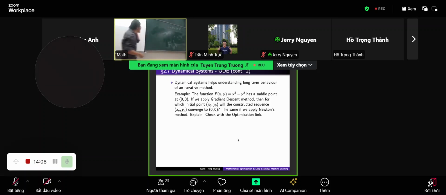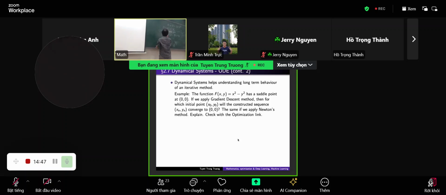So we have f(x,y) equals x squared minus y squared, and the point (0,0) is a saddle point, like we saw before, because the gradient is 0 and the Hessian matrix has one positive eigenvalue and one negative eigenvalue. And then if you compute the gradient, it will be (2x, minus 2y).